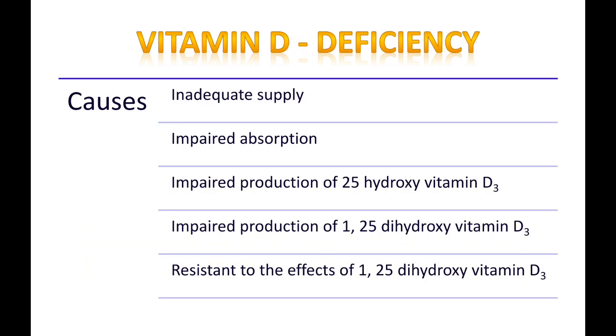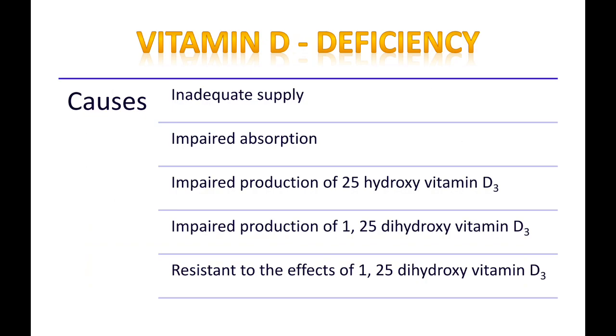So what are the causes of vitamin D deficiency? First is inadequate supply through the diet, and even though we take it in the diet, impaired absorption of vitamin D in the intestines or gastrointestinal tract, and impaired production of 25 hydroxy vitamin D3 in the liver, that is any liver disorders, and impaired production of 1,25 dihydroxy vitamin D3, that is any kidney problems.